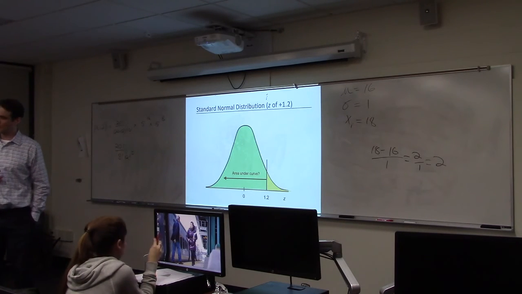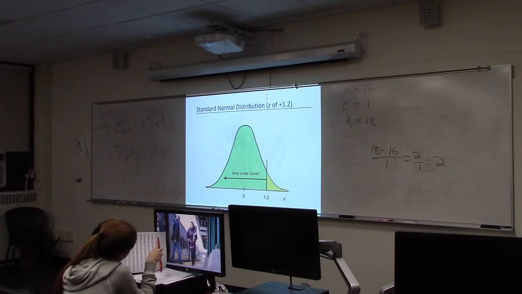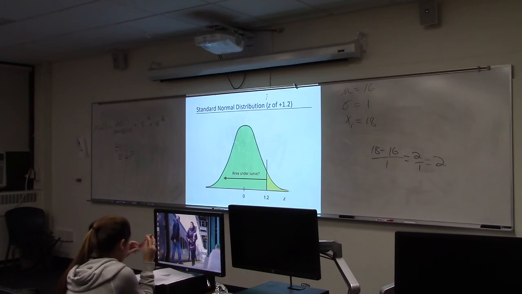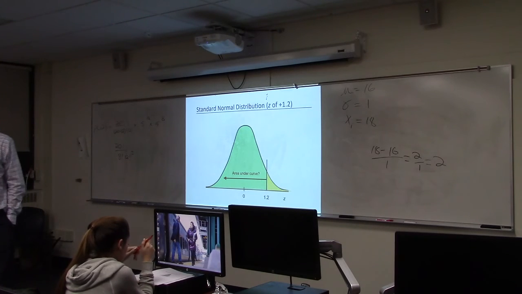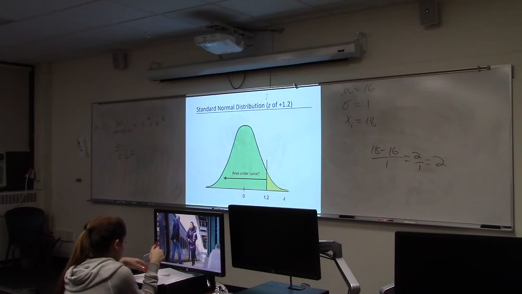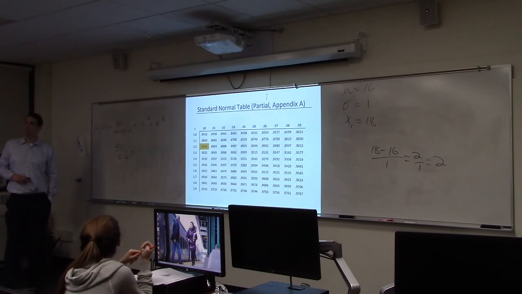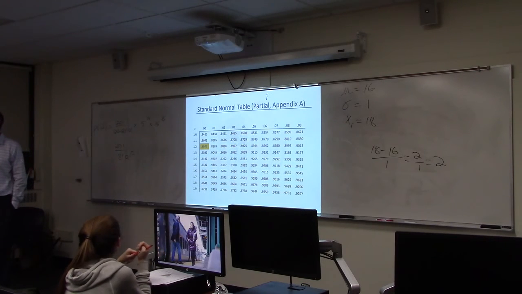You'll have a z-table in the back of your book, and it will tell you the probability associated with any particular z-score. There's also a z-table in the back of your slides, and a partial z-table in the very next slide.